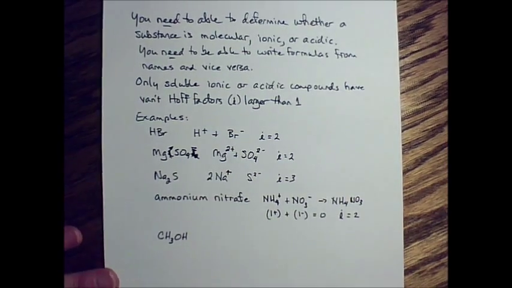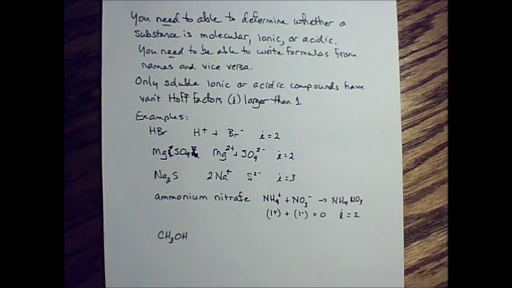So what kind of a compound is this? Is it molecular, ionic, or acidic? Molecular. Okay, I heard acidic and I heard molecular. Why would you think it's acidic? Because it has hydrogens. Hydrogens have to be on the front for it to be acidic. Okay, is it ionic? Why would you think it's ionic?